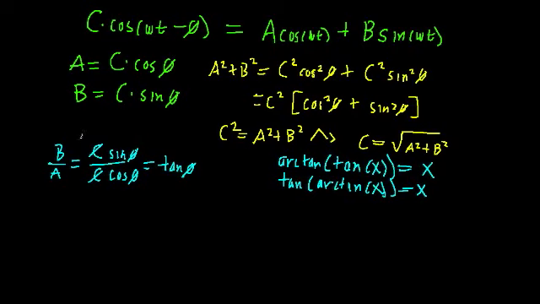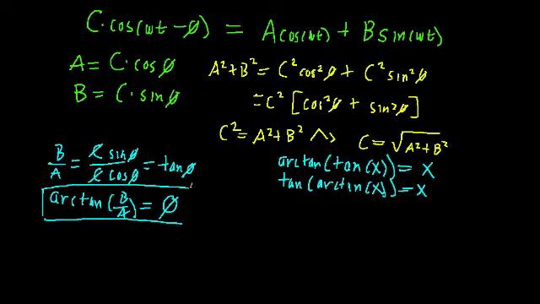So if we apply the inverse tangent to both sides, we get that the arctan of B divided by A is equal to the inverse tangent of the tangent of phi, which is just equal to phi. So we get that our phase phi is equal to the arctan of B divided by A. So now we have equations that can tell us what C and phi are in terms of A and B.